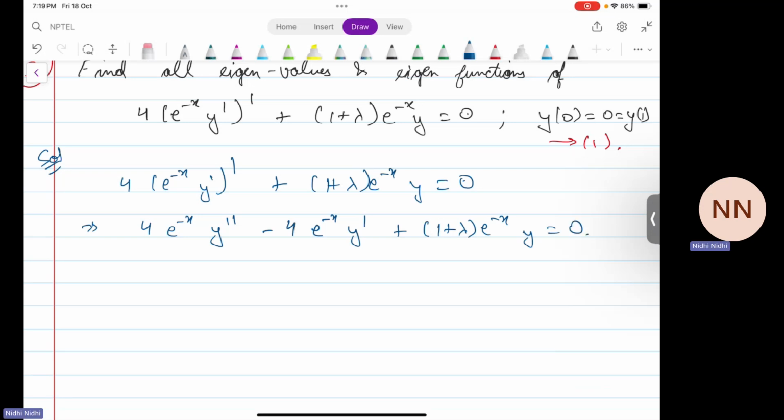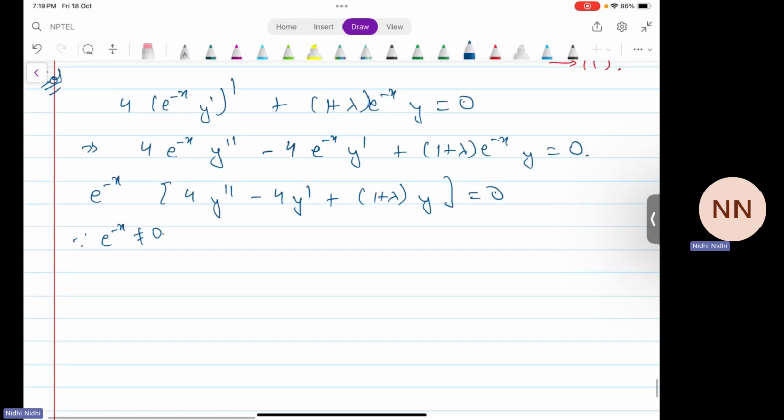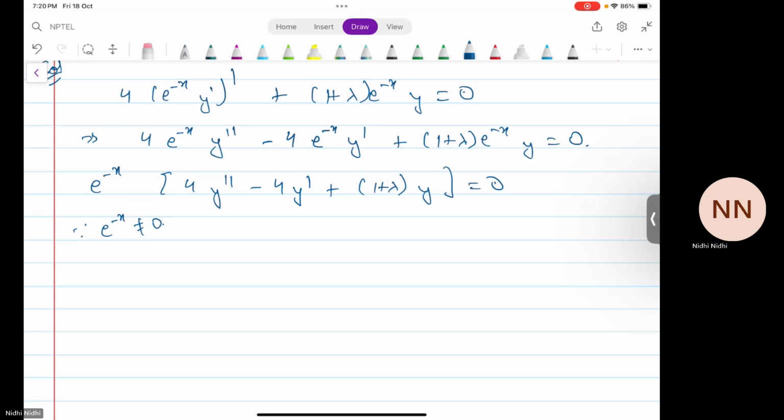Taking e to the power minus x common, we get 4y double dash minus 4y dash plus (1 plus lambda) y equals 0. Since e to the power minus x is non-zero, we get 4y'' minus 4y' plus (1 plus lambda) y equals 0.